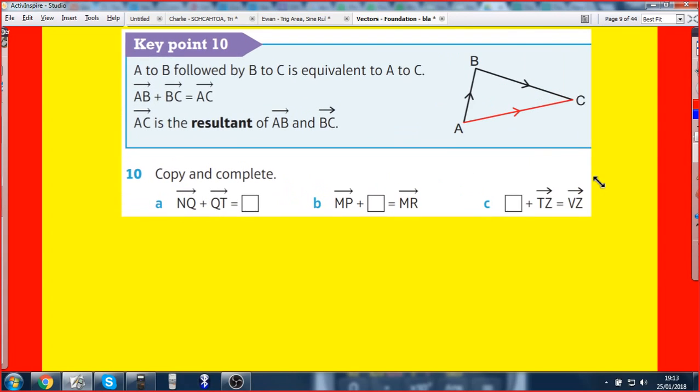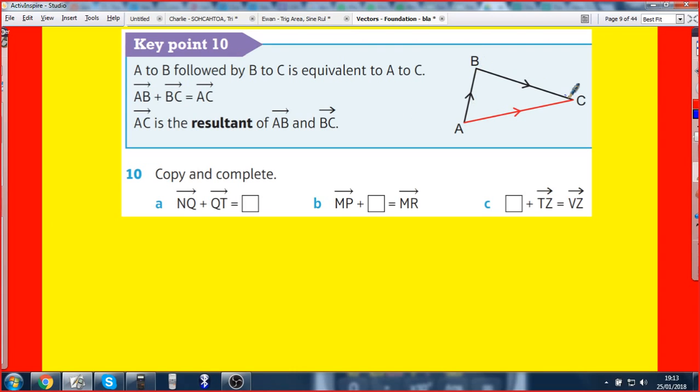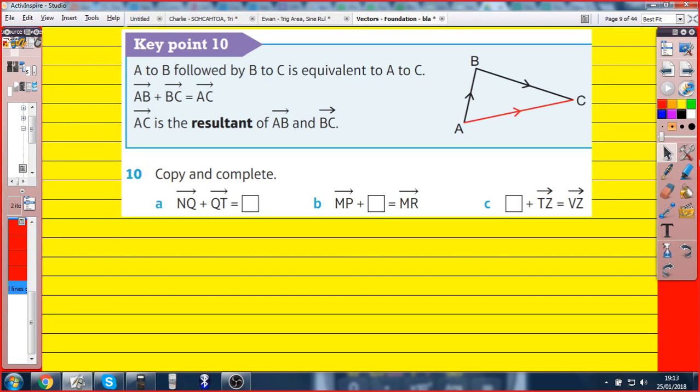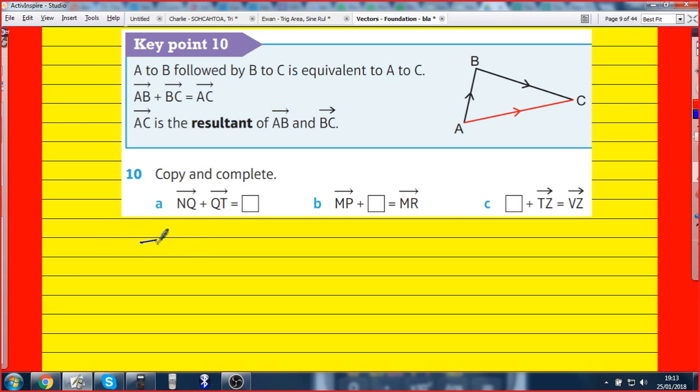So in terms of just the letters, what that shows us is AB plus BC is equal to AC. AC is called the resultant if you put two other ones together. So NQ plus QT, what vector will that give you? NQ plus QT.